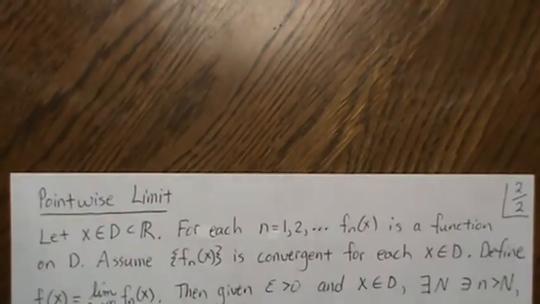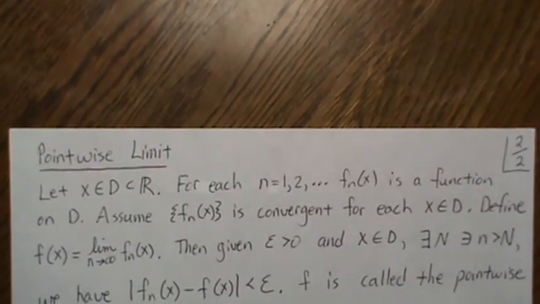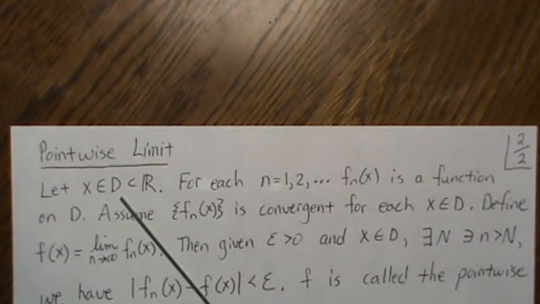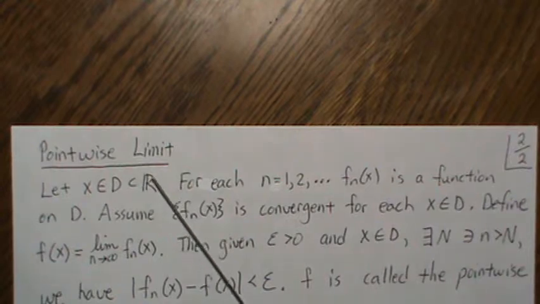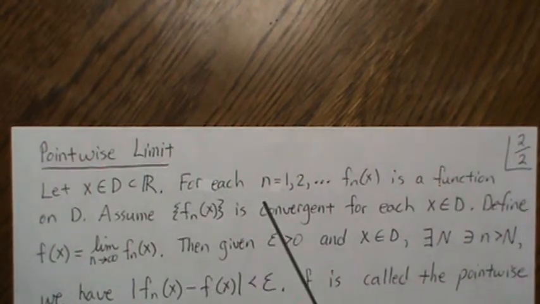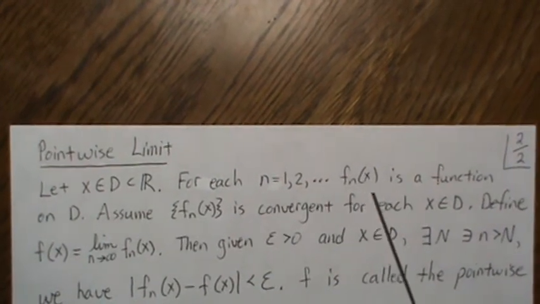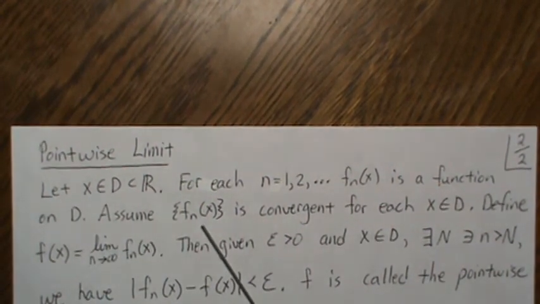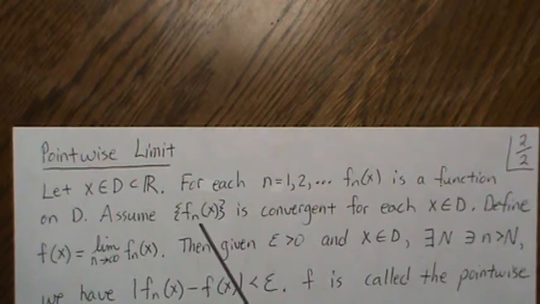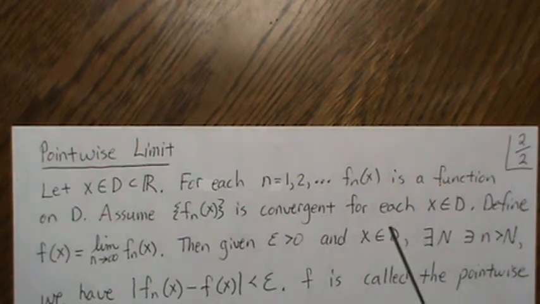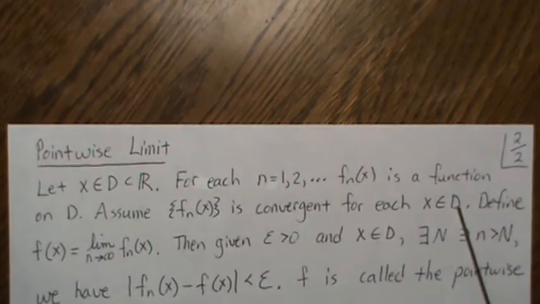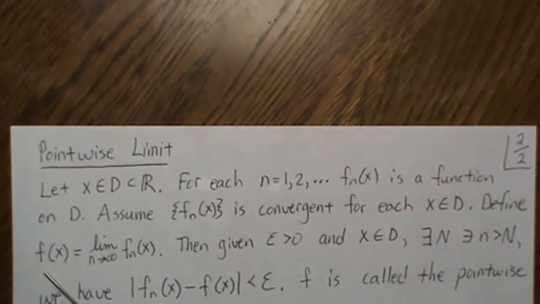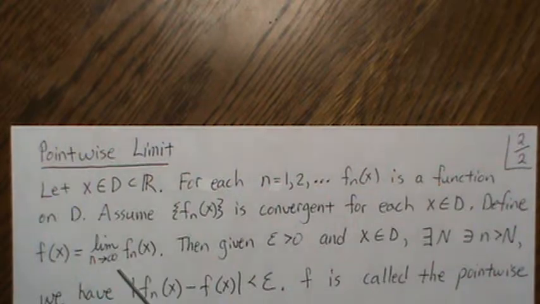So let's look at the pointwise limit. Let x be in a set D, which is a subset of the real numbers. Then for each n, f of n is a function on D. So let's assume that this sequence f of n is convergent for each x in this set D. And let's define f to be this limit.